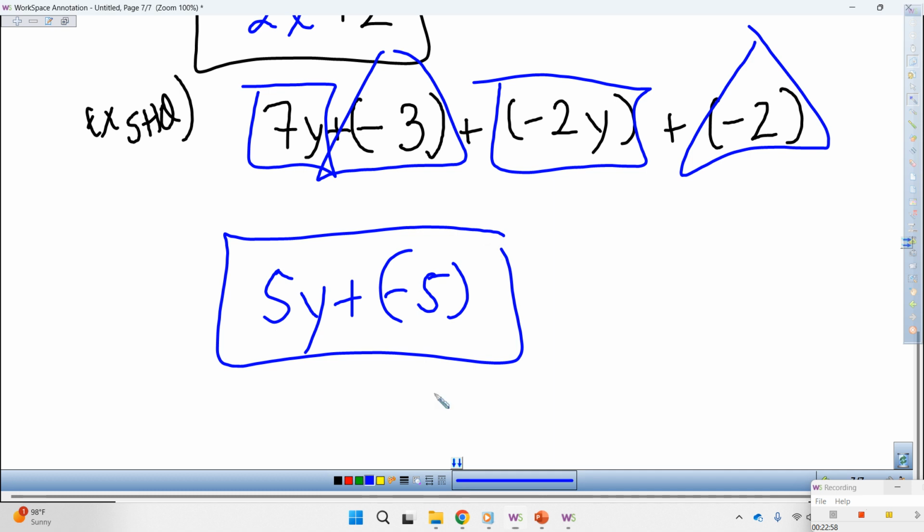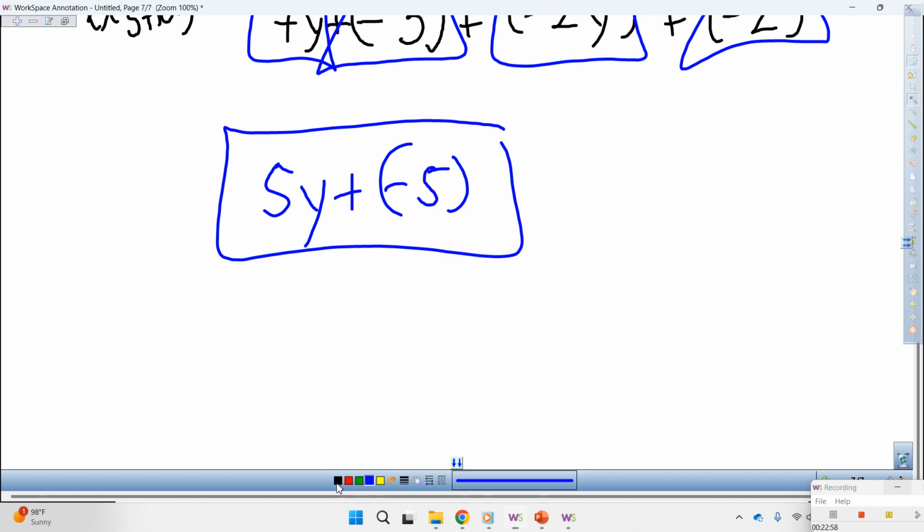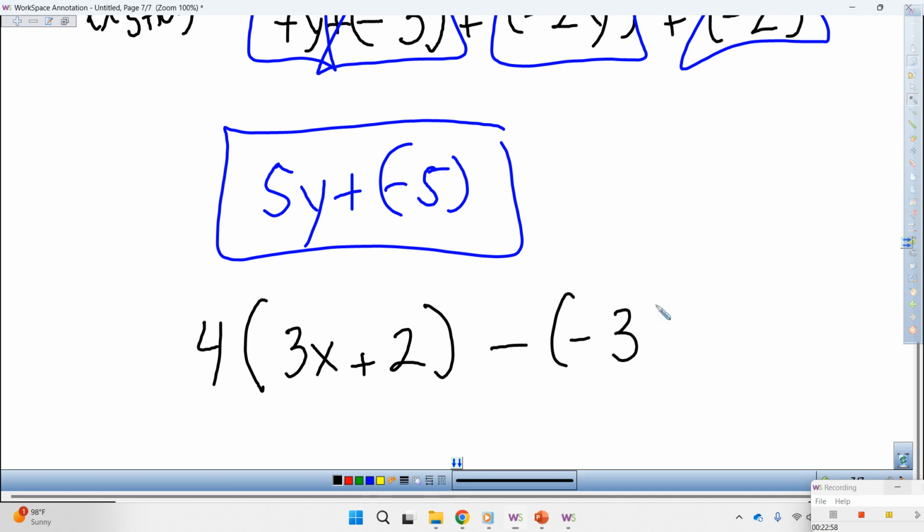Okay? Now, in passing really quick, look up on the home plate. Some of you are sending me your stuff in. That's cool. On the home plate, I'm going to give you stuff that looks like this. Watch. 4 parentheses 3x plus 2 minus negative 3. Look up.